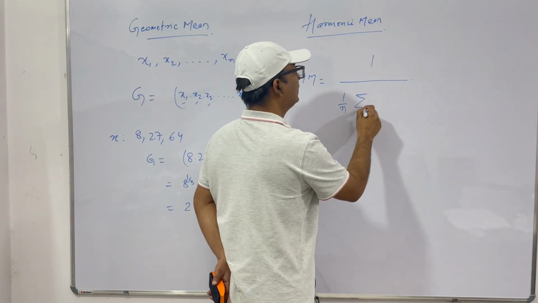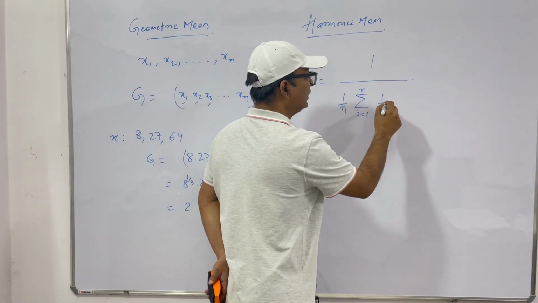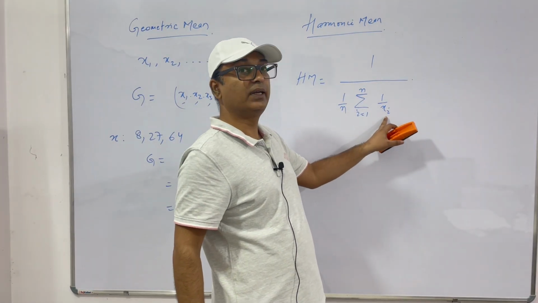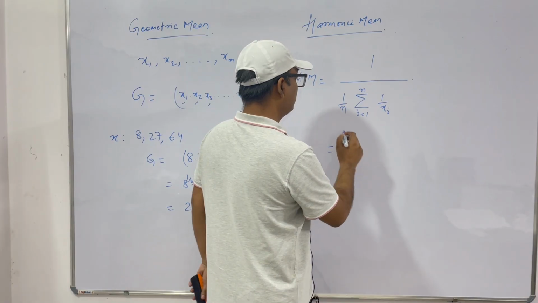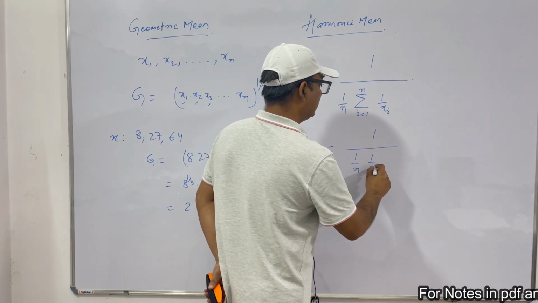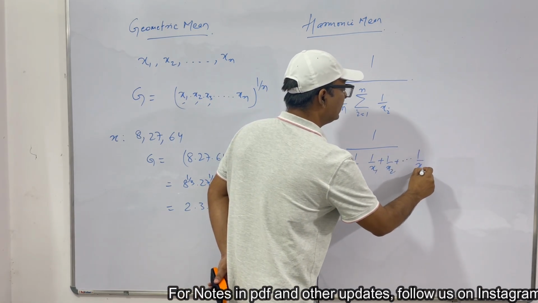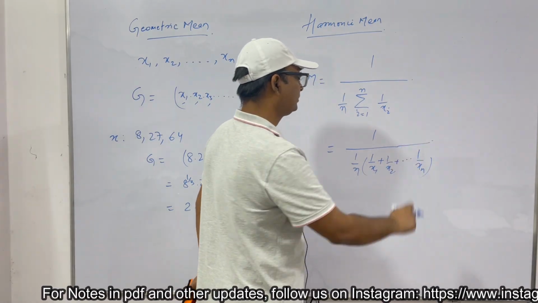So what we do? Summation i equal to 1 to n of 1 by xi, reciprocals of the values. That is how we find harmonic mean. It will be equal to 1 by n, 1 by x1 plus 1 by x2 and so on to 1 by xn. This is harmonic mean.